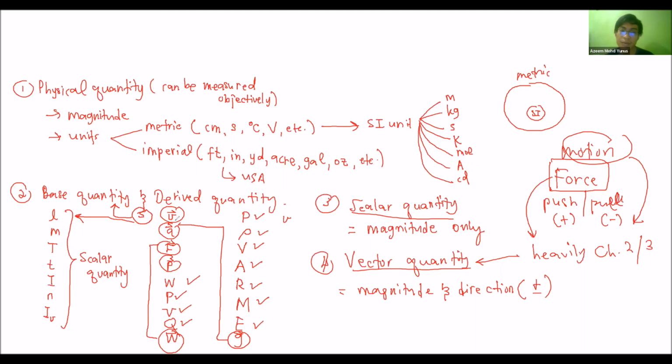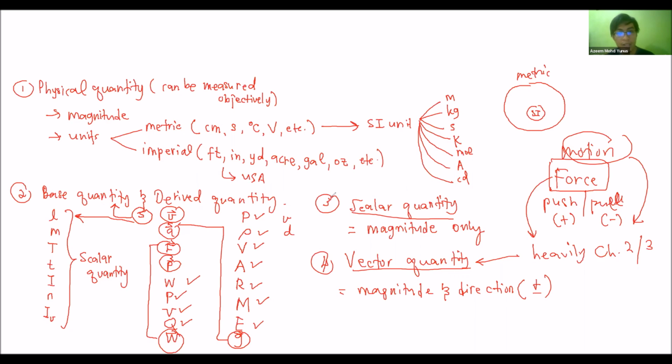But you can also neglect the arrow and just write the symbol. It's okay. But if we want to differentiate between speed and velocity, because both have the same letter, we can give velocity an arrow on top, whereas speed doesn't have the arrow. Speed and distance are scalar quantities.